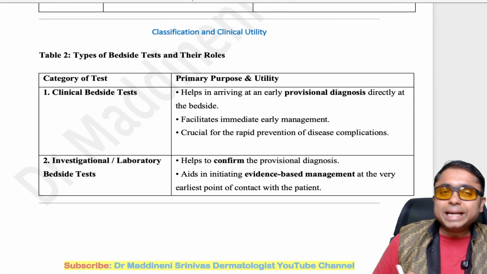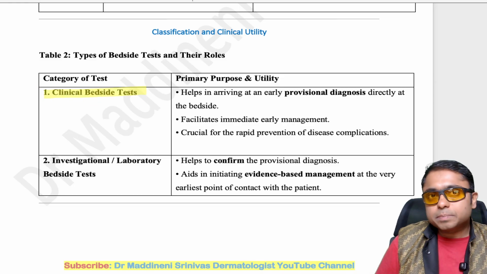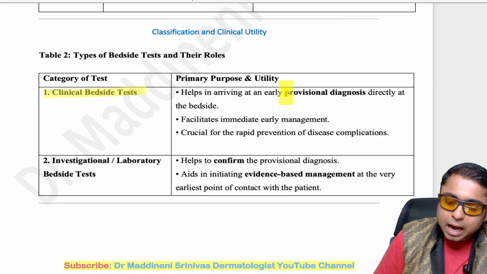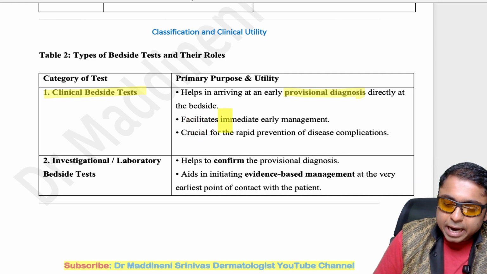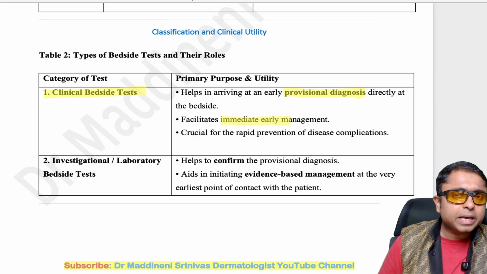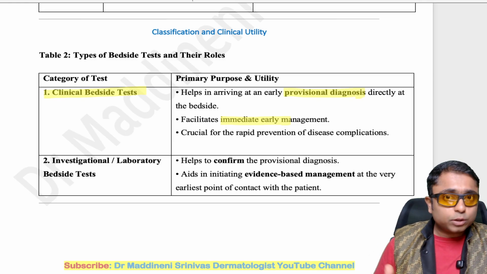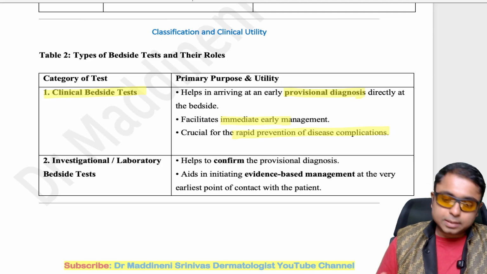So what are the types of bedside tests? There are clinical bedside tests which basically help in arriving at the provisional diagnosis directly at the bedside, and this will facilitate immediate early management, which could sometimes be the difference between life and death of the patient, and it is crucial for rapid prevention of disease complications.